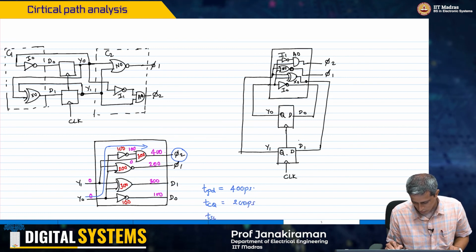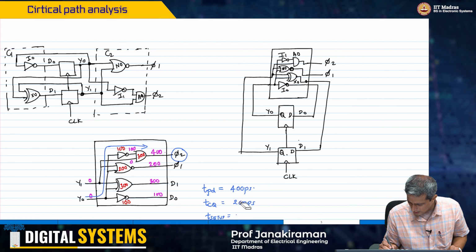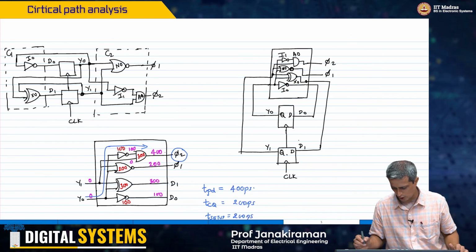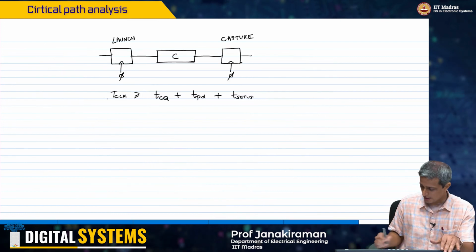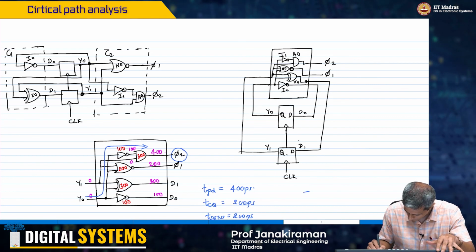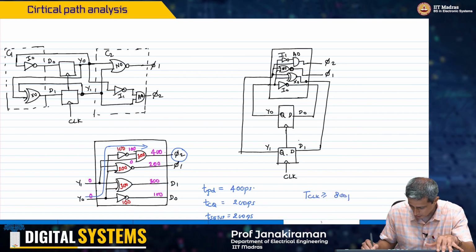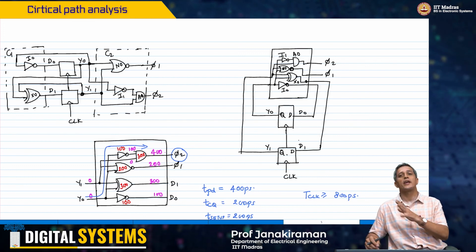T setup is also, to keep it simple, another 200 picoseconds, it doesn't matter. Let's just keep these numbers for now. What this is telling us is that the T clock in this case should be greater than 800 picoseconds. That means anything less than 800 picoseconds, this system cannot work.